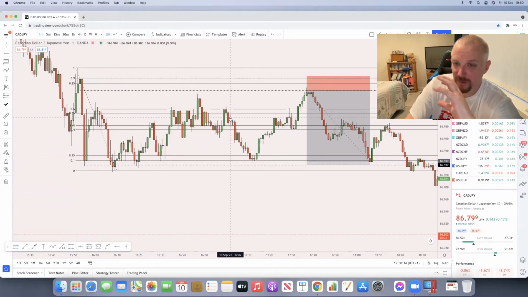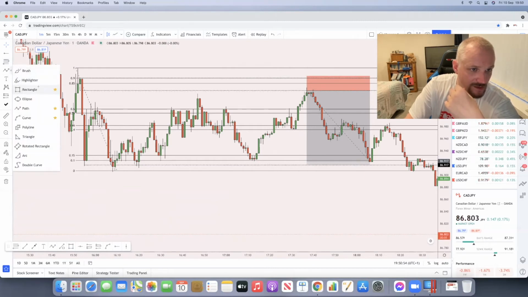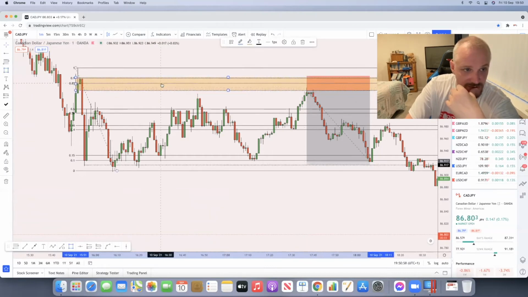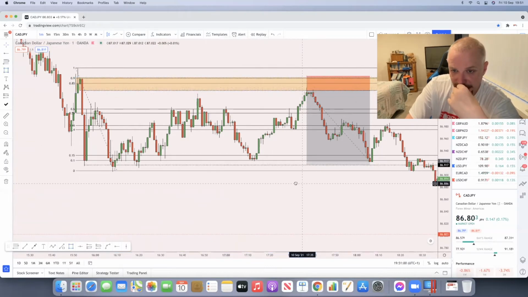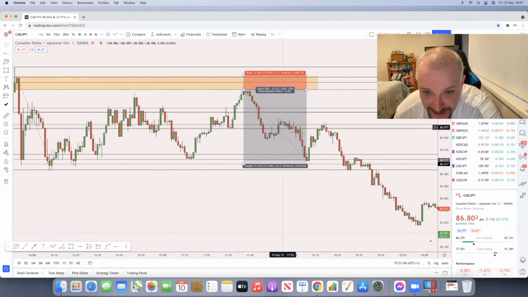The middle zone seems to be the stronger magnet, as we call these magnet areas. Again, we've come down. Look where we've come down and we've respected. Look where we've come up, we've respected. Okay. Again, this is an important area simply because of that order block. Okay, so it's come back in to retest that order block area. But then as it's come down, we've then hit the magnet area again.